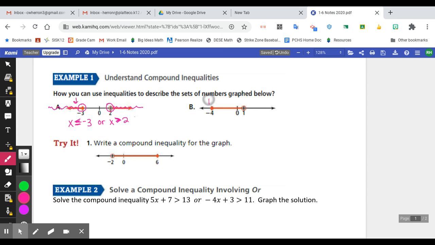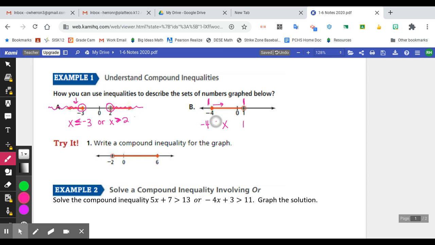On this one, however, it has boundaries. So we know that this number stops at -4, and stops at 1. So the number has to be somewhere between those two numbers that are given to us. We know that it has to be bigger than -4.